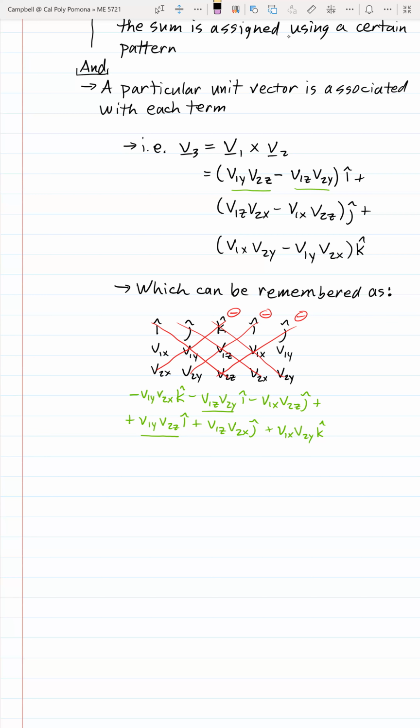Let's just grab one random one, just this last one here. v1x, and it's the positive one, positive v1x times v2y, yep, and all that multiplied by k hat. So if you go through, and provided I made no mistakes, this should be the same as above, just in distributed form, rather than in that more compact form.